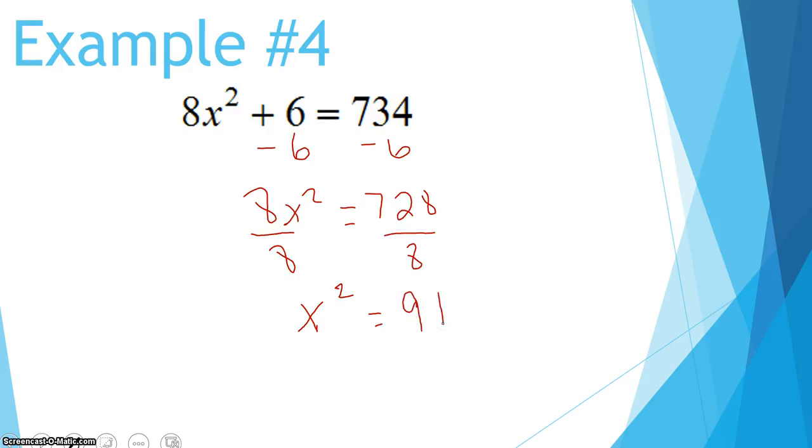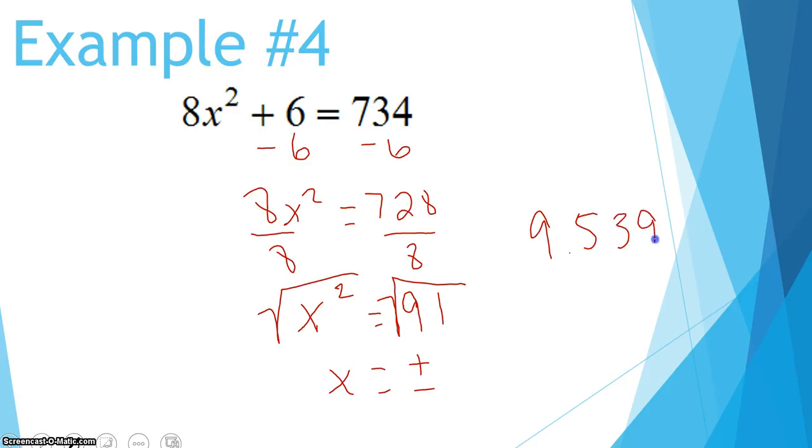Again, 91 is not a perfect square, so when I take the square root of both sides, I'm going to get a decimal. So I've got x equals plus or minus the square root of 91, which is 9.539. Now that 9 will cause this 3 to round up when I just want 2 decimals, so it'll be 9.54.